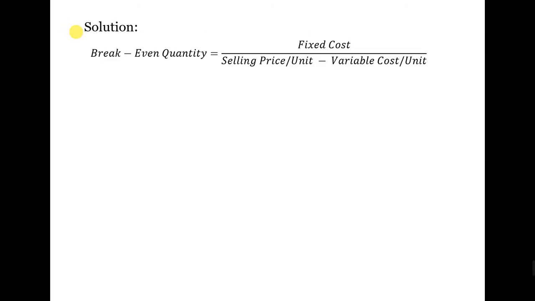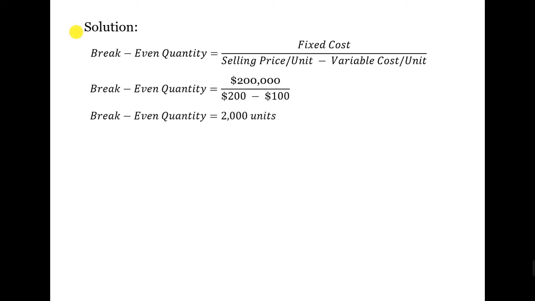Now for the first requirement, we use the formula of break-even sales quantity and substitute the values: $200,000 for the fixed cost, $200 for the selling price per unit, and $100 for the variable cost per unit. Therefore, the break-even sales quantity is equal to 2,000 units.